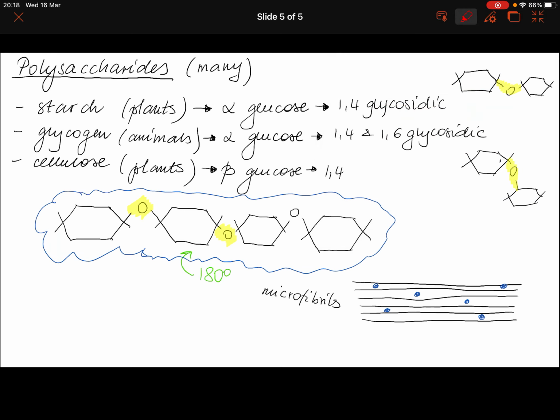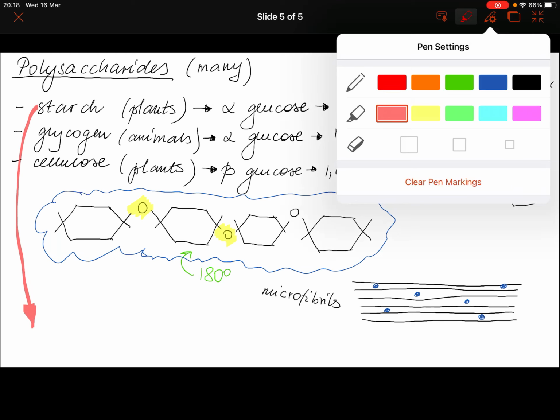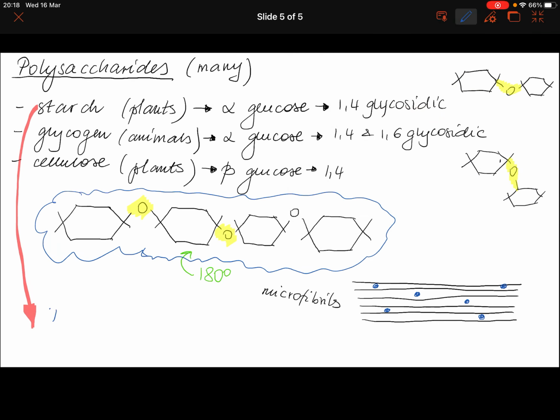In terms of the tests that we need to be able to recall for the presence of polysaccharides in food samples, there's only one that we really need to know here. It's the test for the presence of starch. The test that we will use here is iodine.